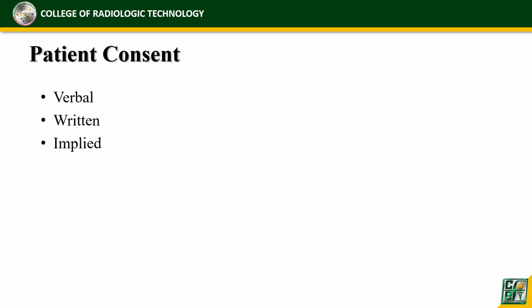And implied consent is given when there is nobody to give the consent and the patient is unconscious or is unable to give his consent or their consent. Okay? So basically, consent is obtaining permission.